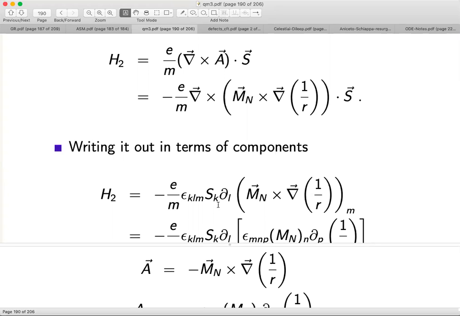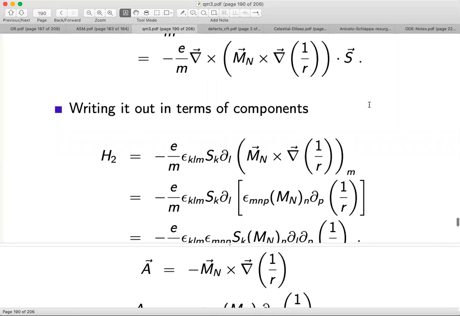If s has an index k, then epsilon should have an index k, and l m should be summed over inside this cross product. So there's a term which is del L, and then this entire bracket has to have an index m, which is written out here. I have not opened the inner cross product yet. I have just opened this cross product and written down epsilon k L m del L, this parenthesis m, and this k has to contract with this s because this whole stuff is dotted with s.